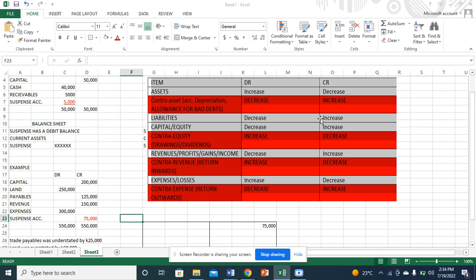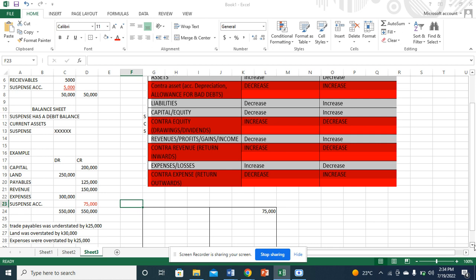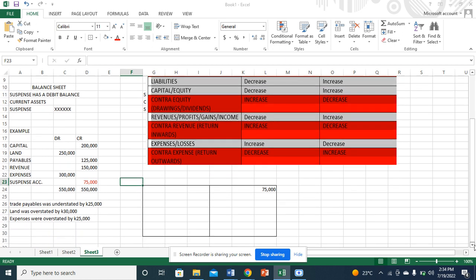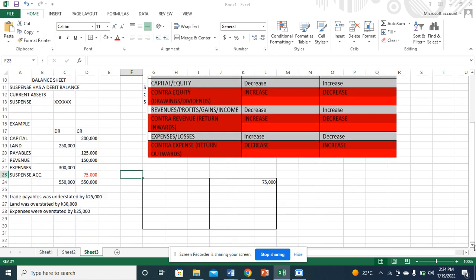So here our trade payables was understated. So what do we have to do? We have to increase the trade payables, right? So how do you increase a liability? You credit it, right?